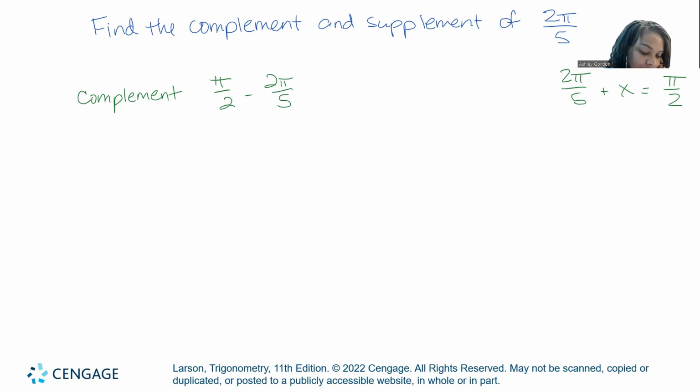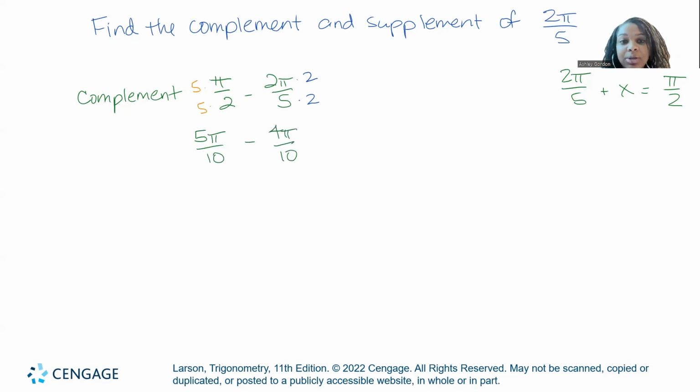So here using 10, for the first fraction, we have to multiply the top and the bottom by 5. That's going to give us something over 10. And for the second fraction, we would need to multiply the top and bottom by 2. That's going to give us something over 10. So in doing that, we've got 5 pi over 10 minus 4 pi over 10.